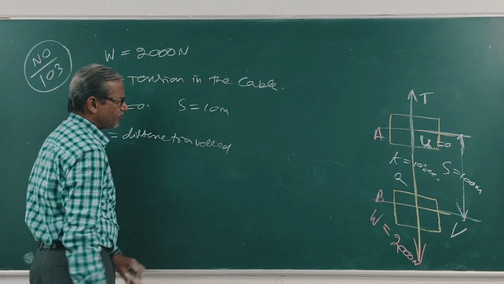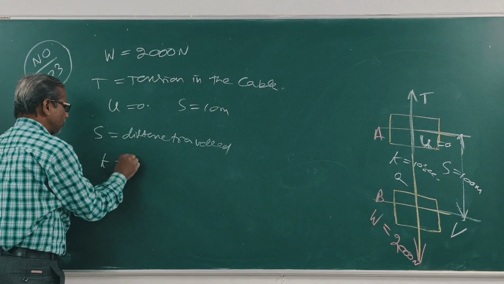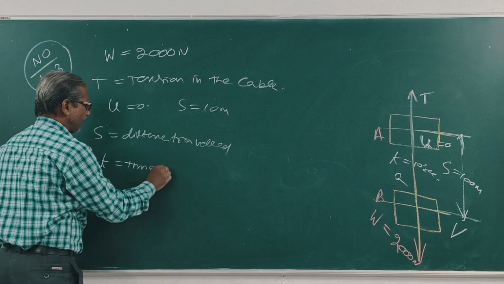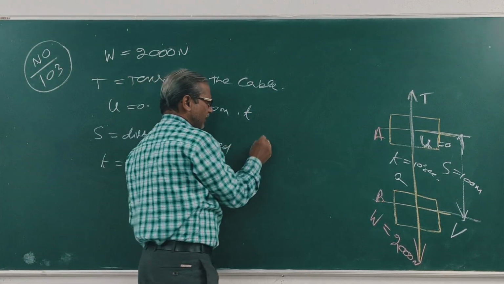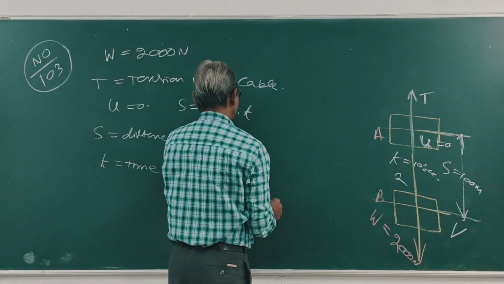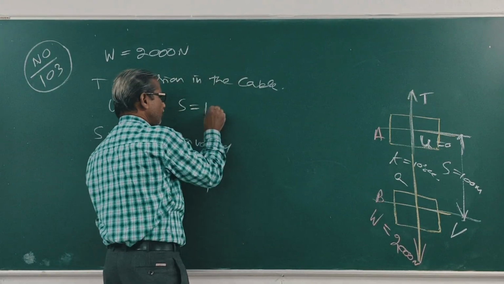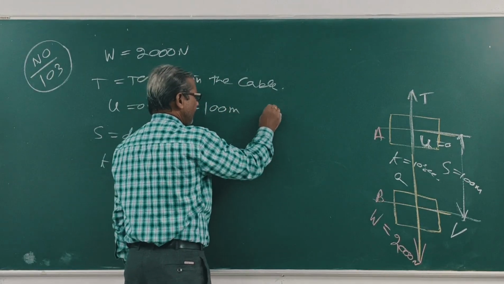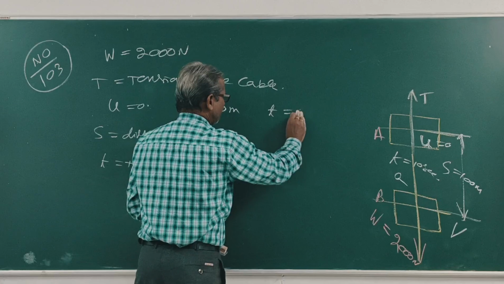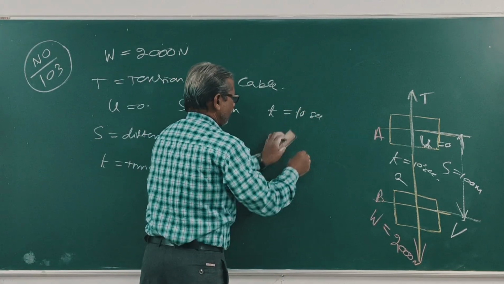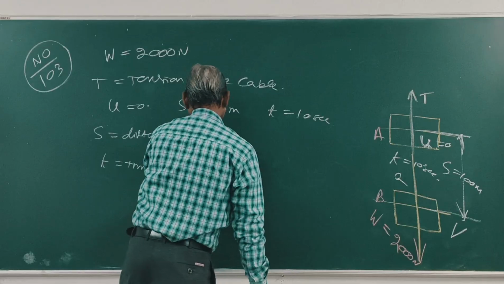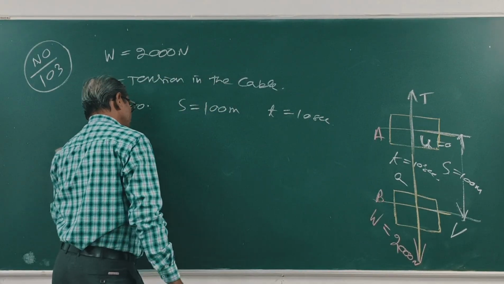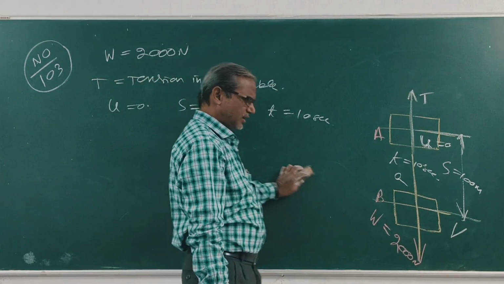T is the time taken, T is equal to 10 seconds. U is 0.